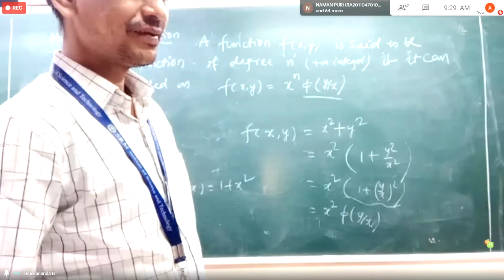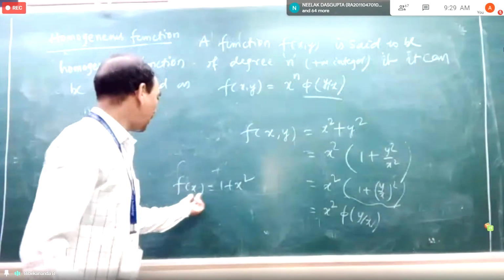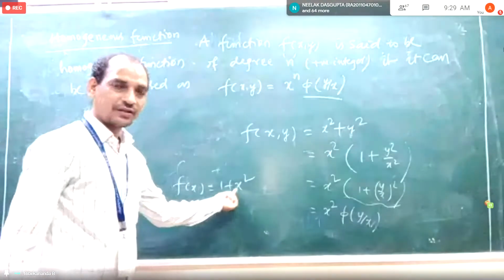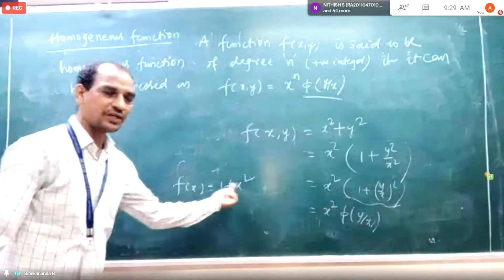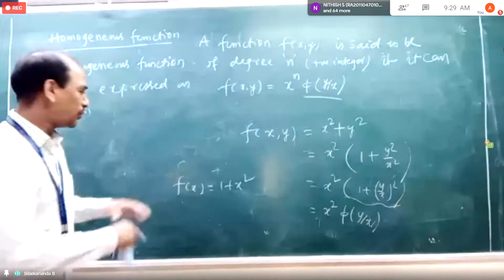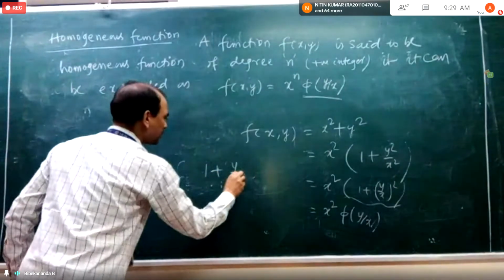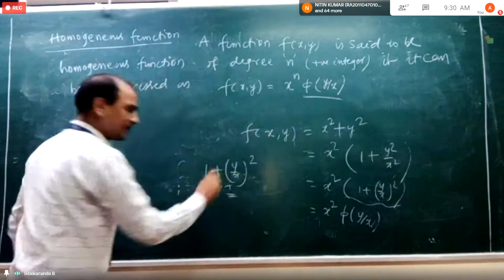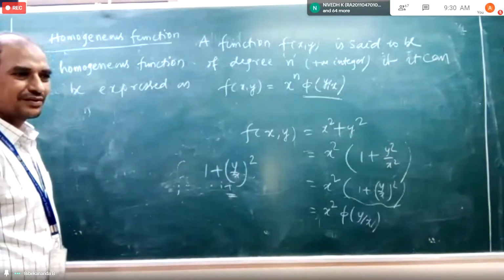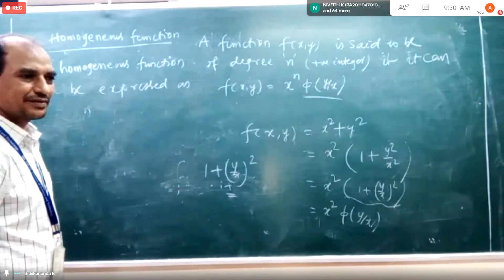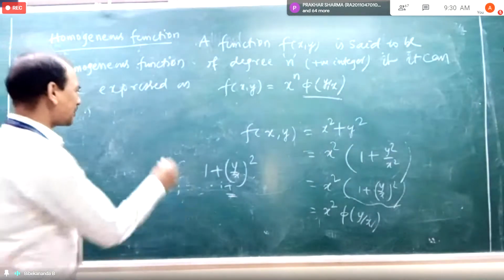You see, f of x equal to 1 plus x square. When I am having 1 plus x square, I am writing f of x. So when I have 1 plus y by x whole square, how can I write it? Please try to understand.